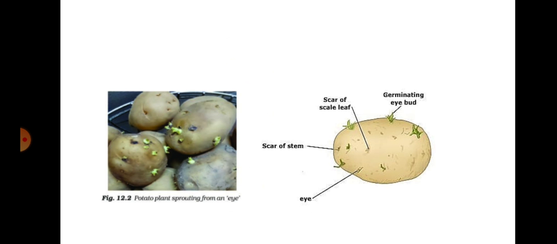This is a potato plant sprouting from an eye. The second one is ginger. Ginger is a new plant sprouting from it. It is another vegetative propagation.